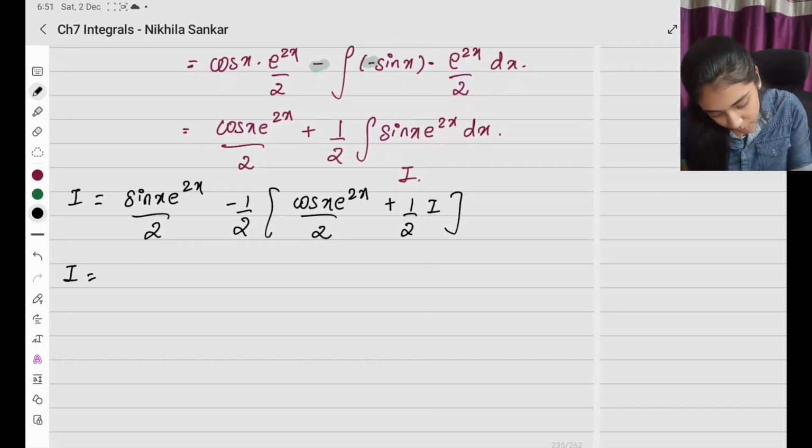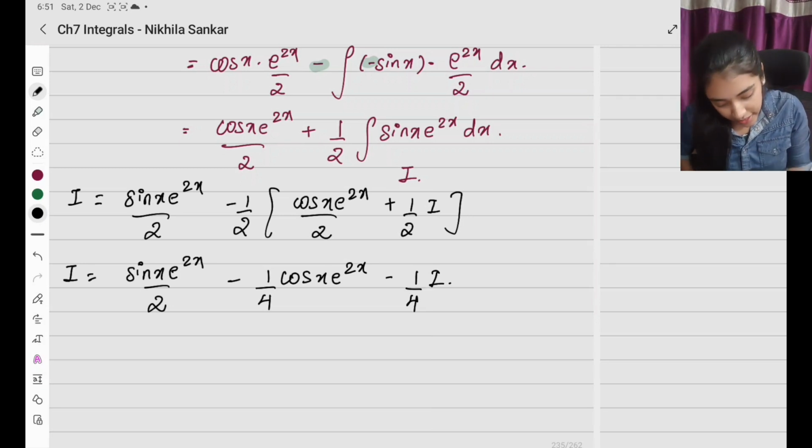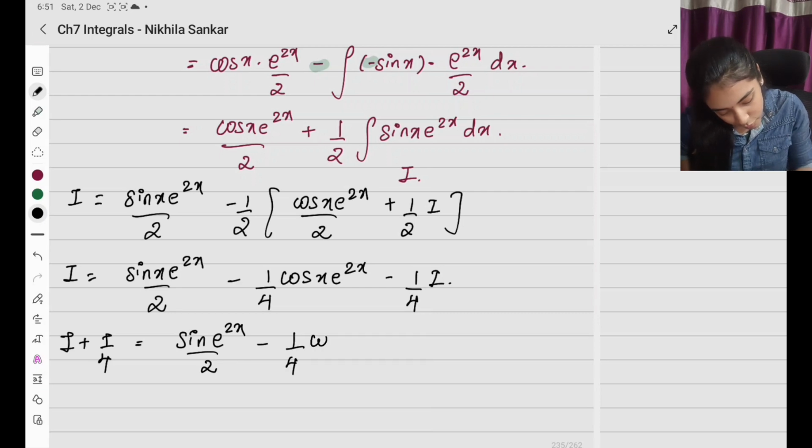I have I equals sin x e to the 2x divided by 2 minus 1 by 4 cos x e to the 2x minus 1 by 4 I. When I bring I to the other side, I'll have I plus I by 4 equals sin x e to the 2x divided by 2 minus 1 by 4 cos x e to the 2x.